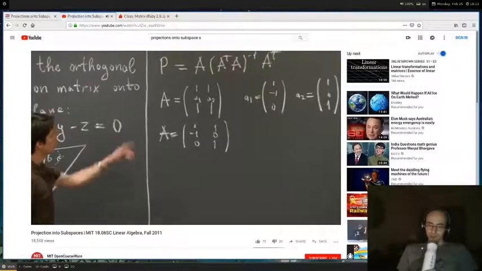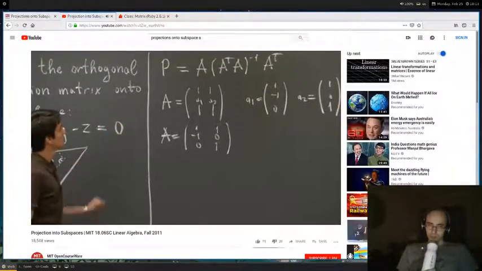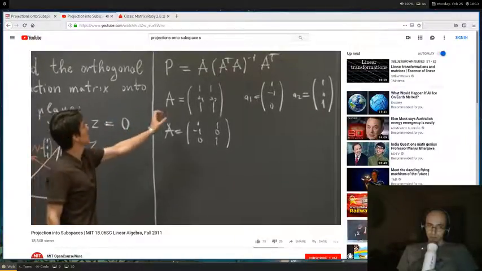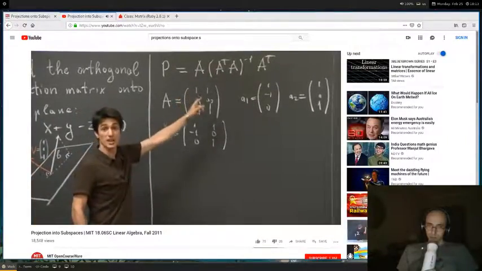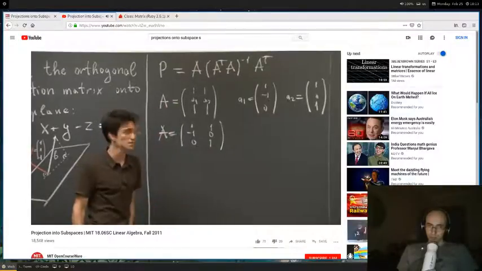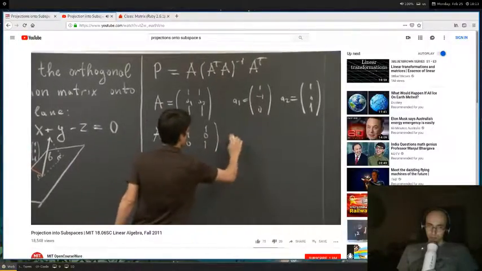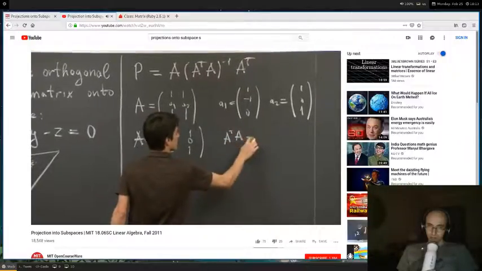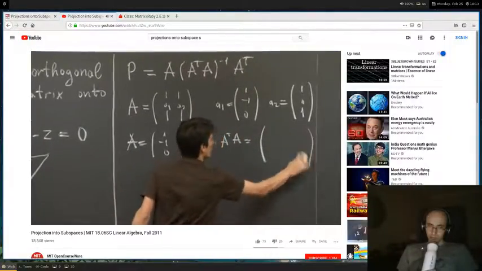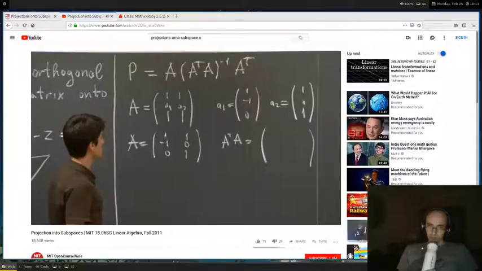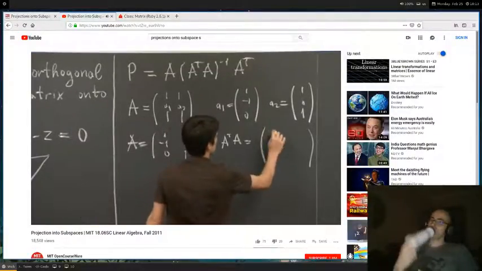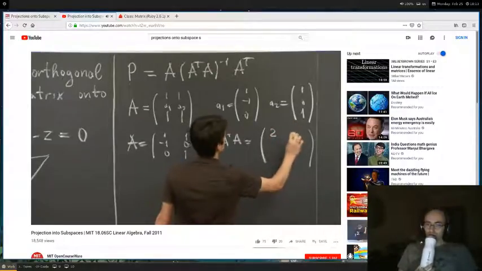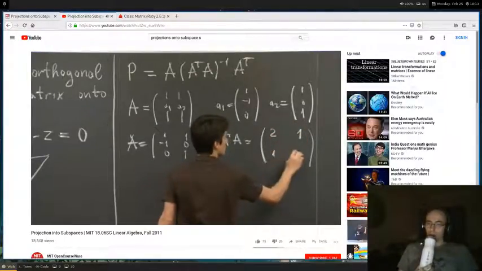So, in the formula, I guess the slightly more complicated combination is A transpose A inverse. So let me compute that first for you. A transpose A is a 2 by 2 matrix, and it's not so hard to figure out it's 2, 1, 1, 2.